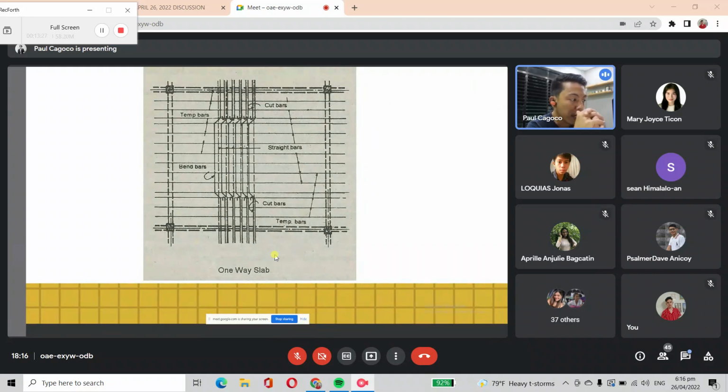You have to take note of that. Dili na ako ipakita diri sa PowerPoint, but you have to take note of that. Bent bar spacing is 300 mm. So in between your bent bars, at the bottom, naay straight bars. So the spacing between the bent bars and the straight bars is 0.15, right?